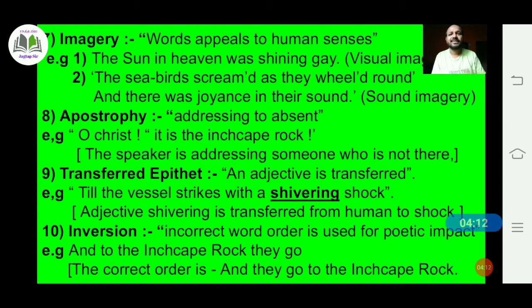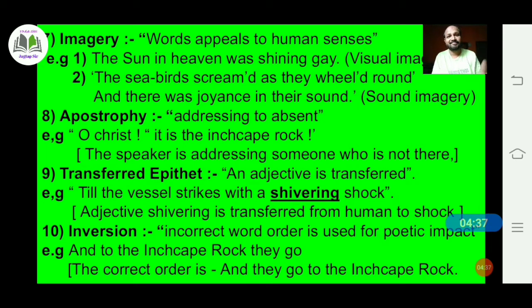Poetic device number 7 is imagery. And what is imagery? Where words appeal to the human senses, as we already know. Let's look at example number 1. The sun in heaven was shining gay. Here the poet has used visual imagery. The words appeal to us to visualize, and we can visualize the cheerful morning with this sentence.